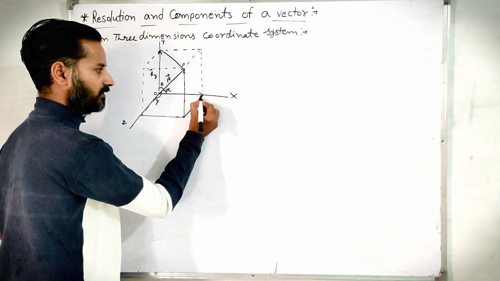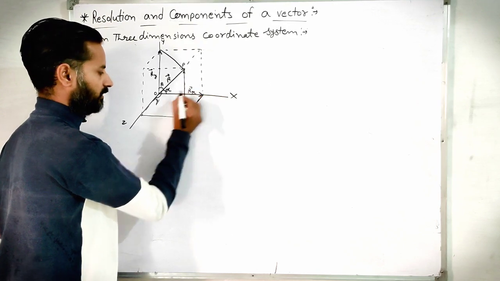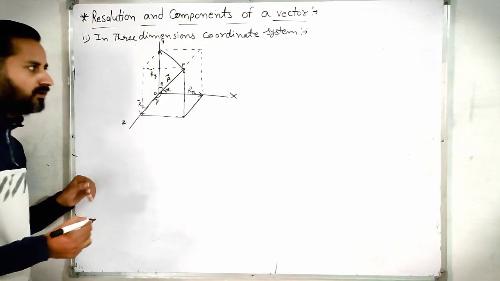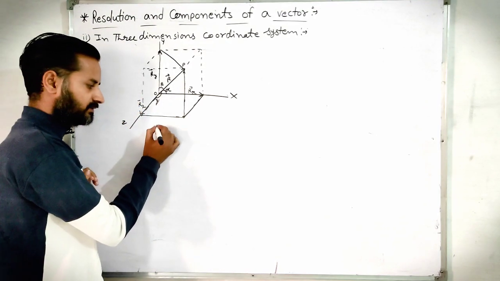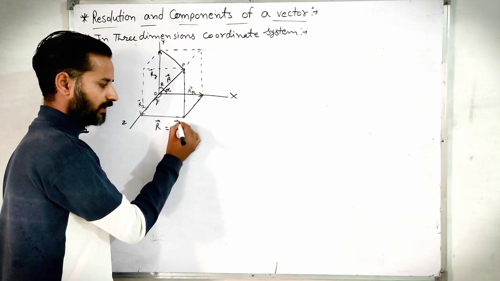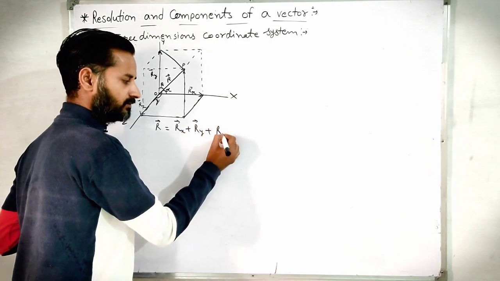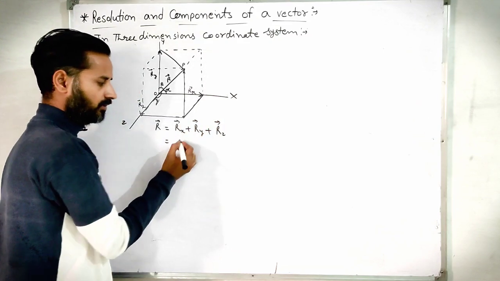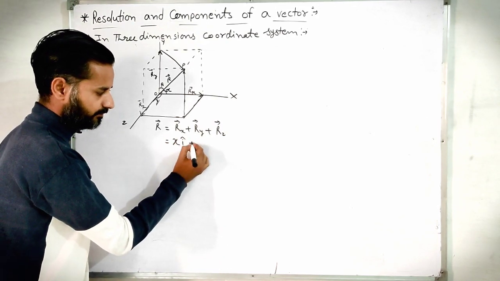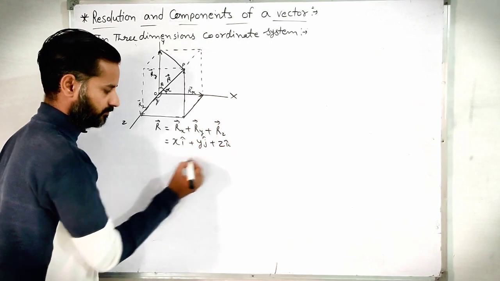By this we get this component rx and this component rz, and this r can be written as rx vector plus ry vector plus rz vector, or we can simply write it as x i cap plus y j cap plus z k cap.